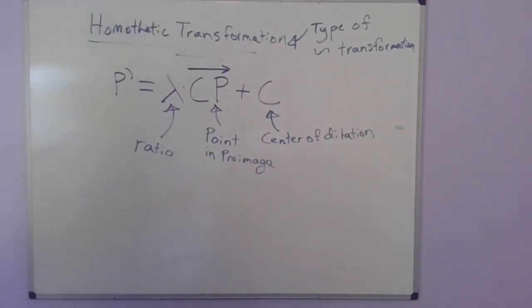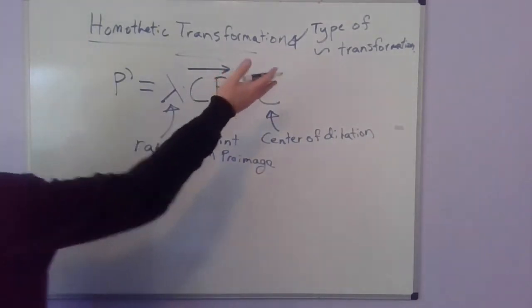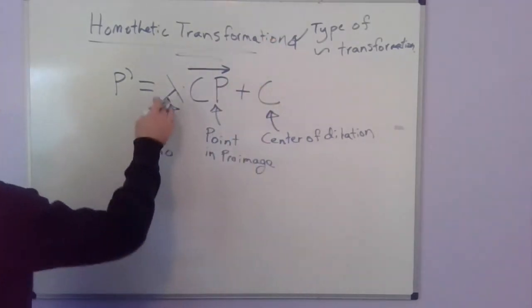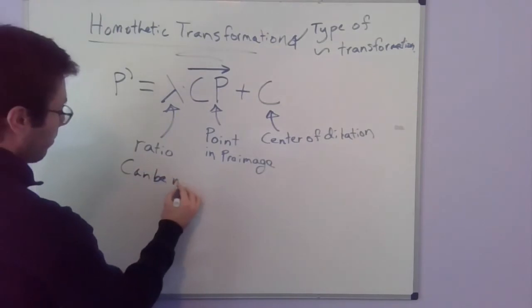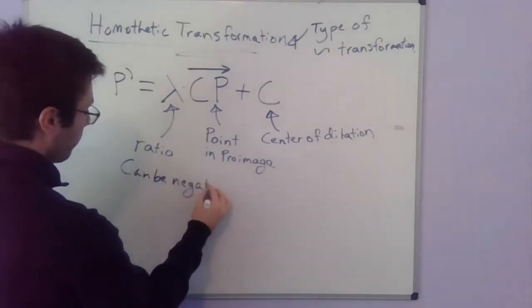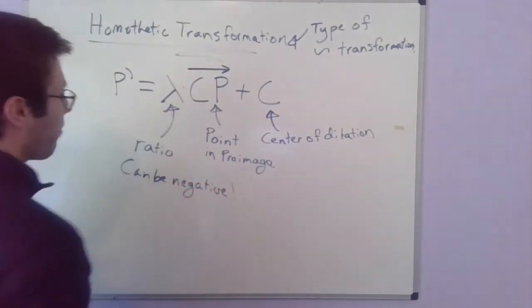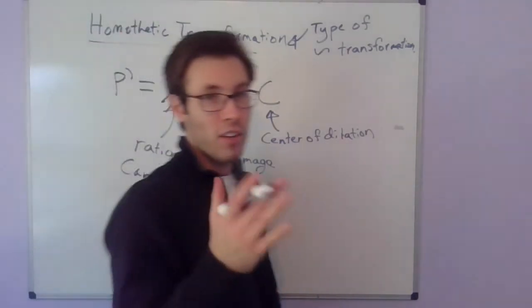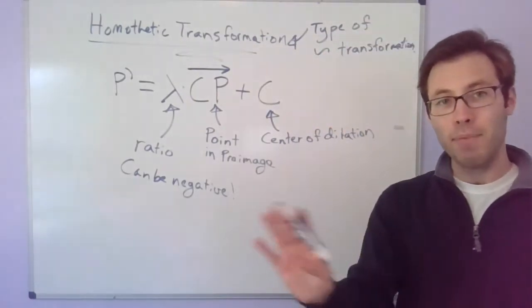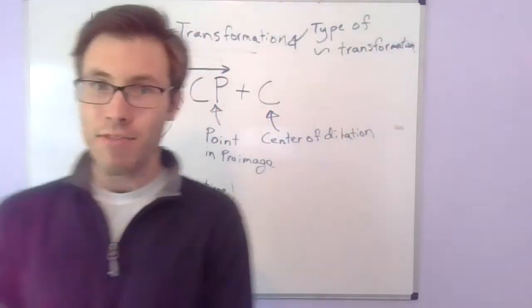And what is interesting is that it is a type of similar transformation. This ratio can be negative. And remember, with our vector, we could take it and flip it. That's this flipping thing going on right here. This ratio can, in fact, be negative. However, this scale factor, which I talked so much about before, cannot be negative. It is never negative.